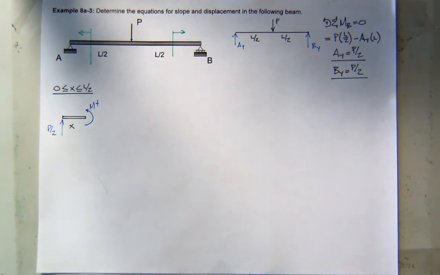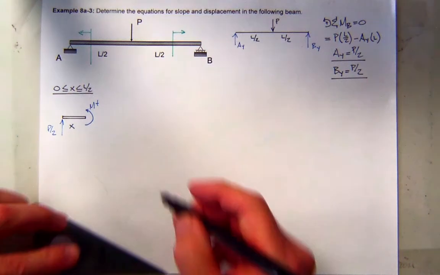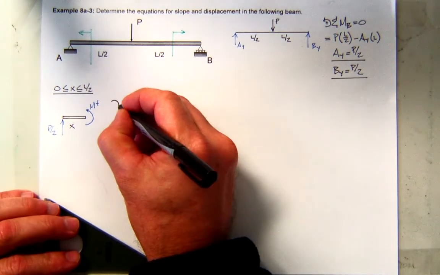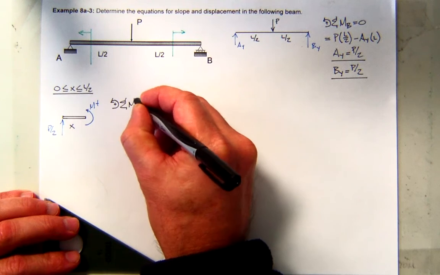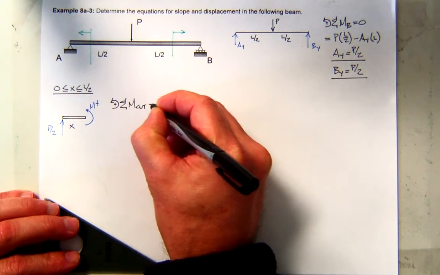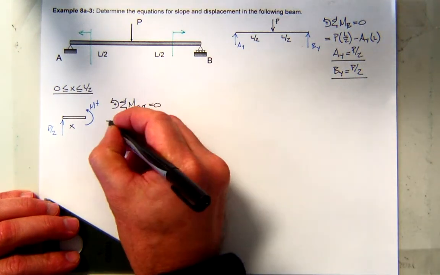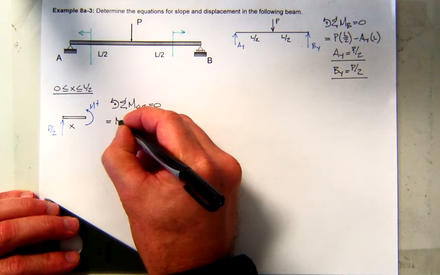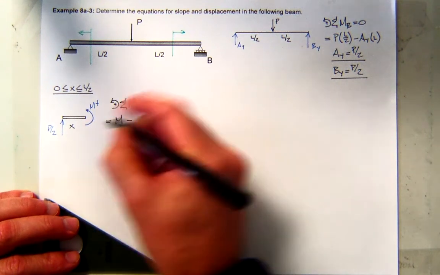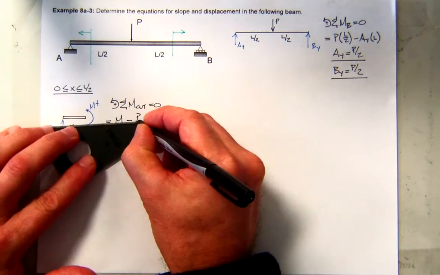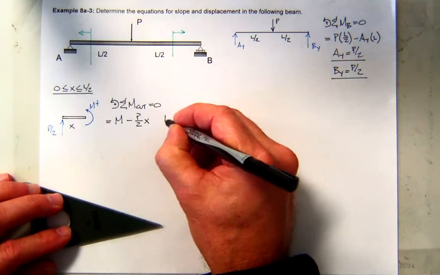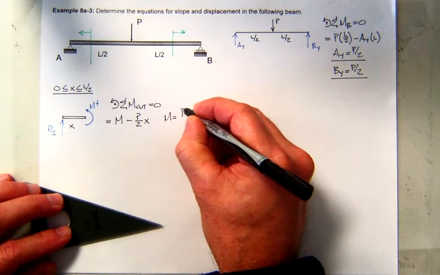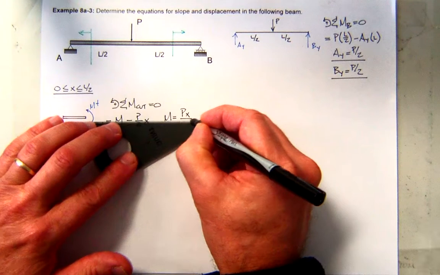Obviously there's a shear force there, but we're not going to consider shear right now in our equation. So if I sum moments at this cut, what do I get? Well, the internal moment M is positive. The reaction force P over 2 at a moment arm of x is negative. So the moment is equal to Px over 2.